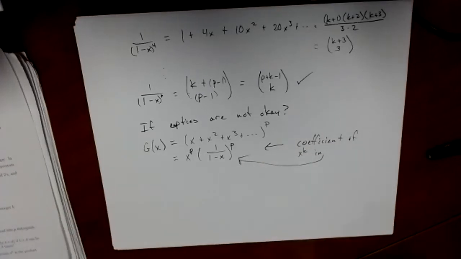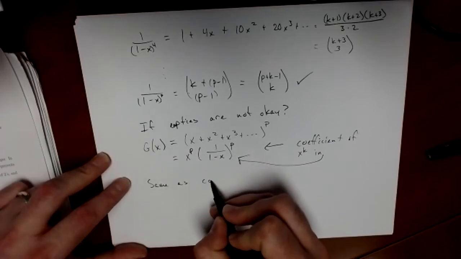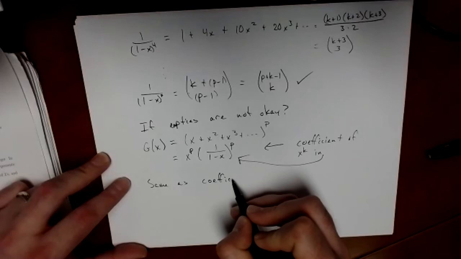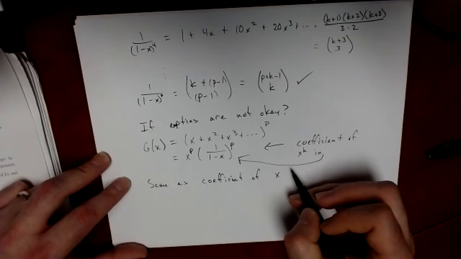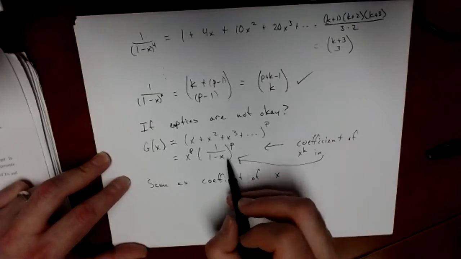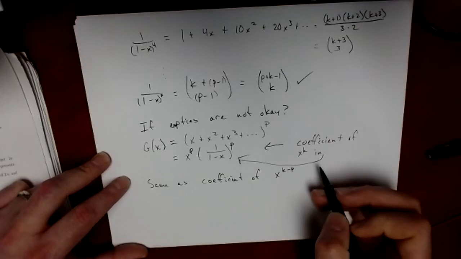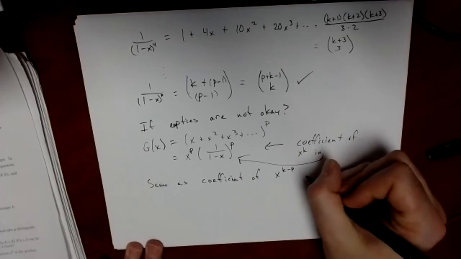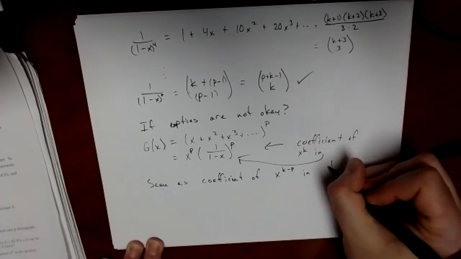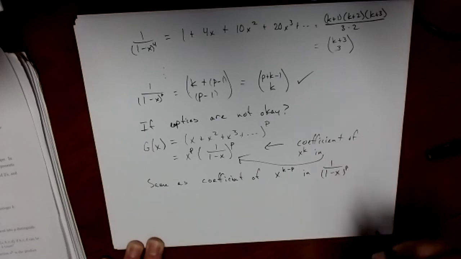But then that's the same, the coefficient of x to the, let's see, k minus p, right, in 1 over 1 minus x to the p.